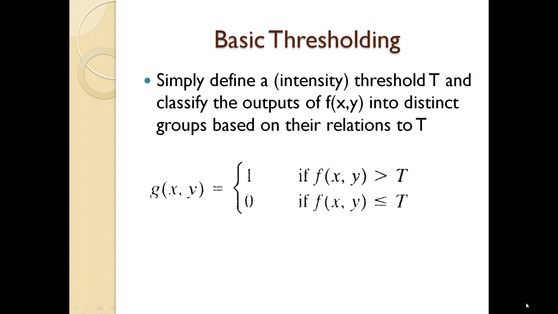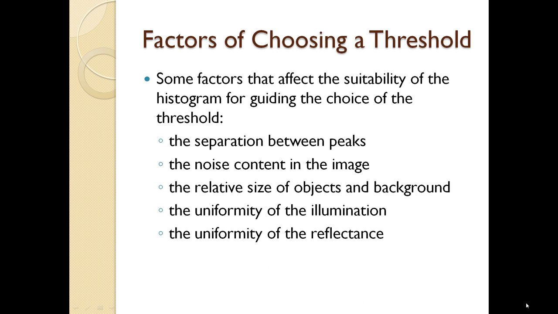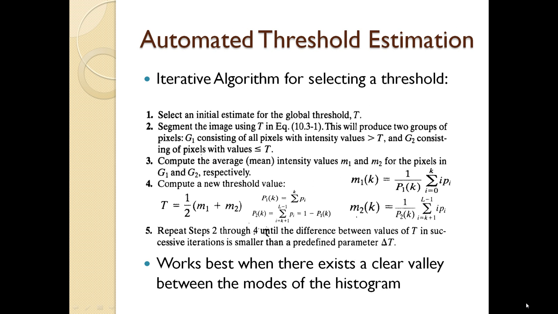So it separates them into two classes. And so you do that, and then you compute the average mean intensity values M1 and M2 for the pixels in both of those classes, G1 and G2.